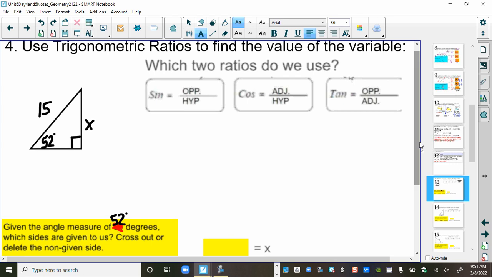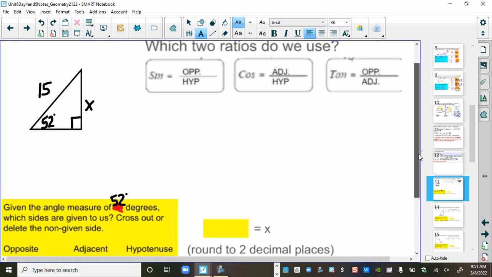All right, for this problem, we need to look at what's given to us. Remember, you need to figure out, of the three, well, actually it should say which one ratio, not which two. I took the wrong one. It should be which one ratio.